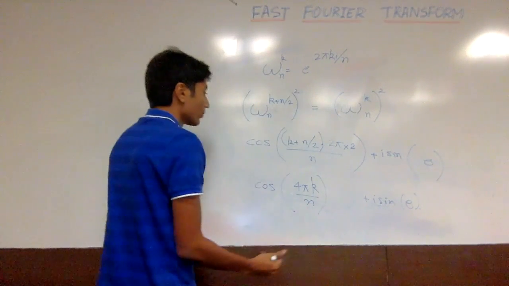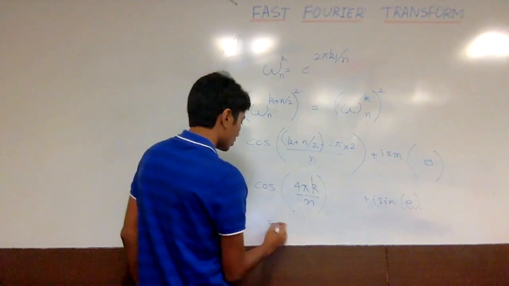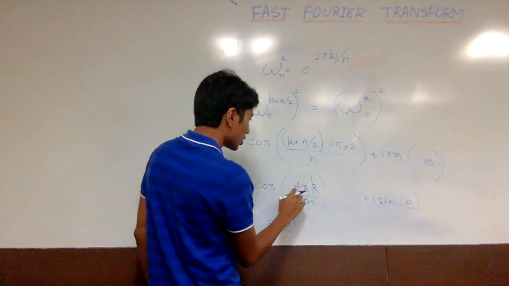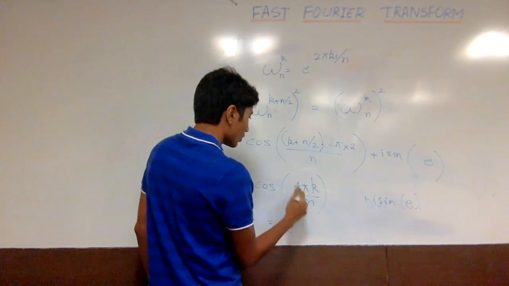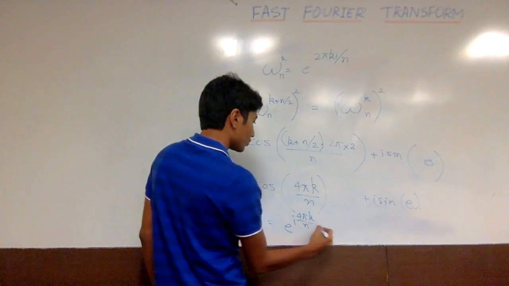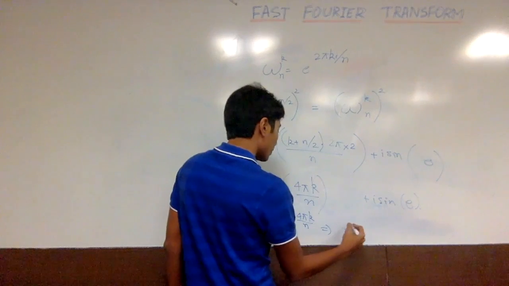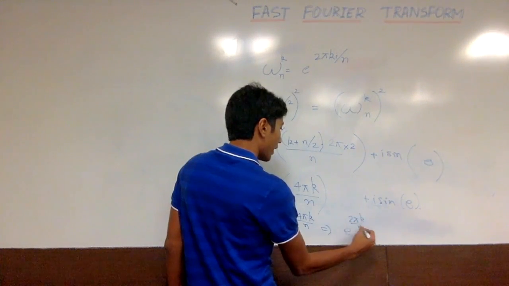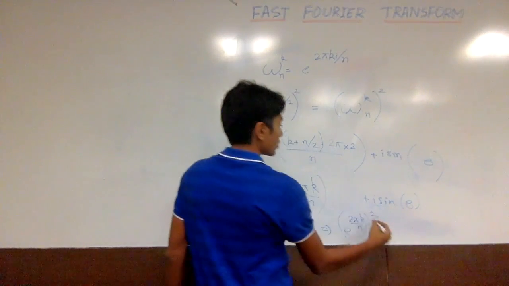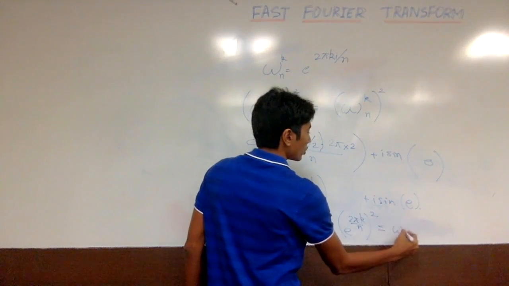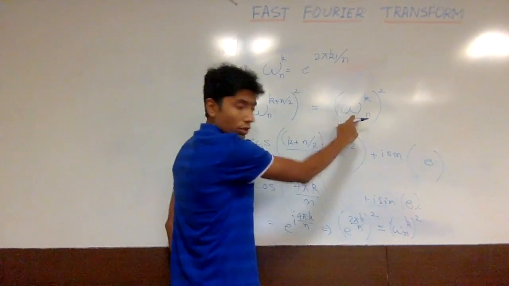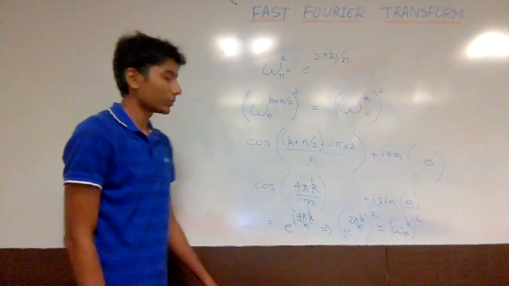So this is equal to e raised to power i theta, where theta is 4 pi k by n, which in turn is equal to e raised to the power 2 pi k by n, the whole squared. Now this term is the nth root raised to the power k, the whole squared, and that's exactly what we have.